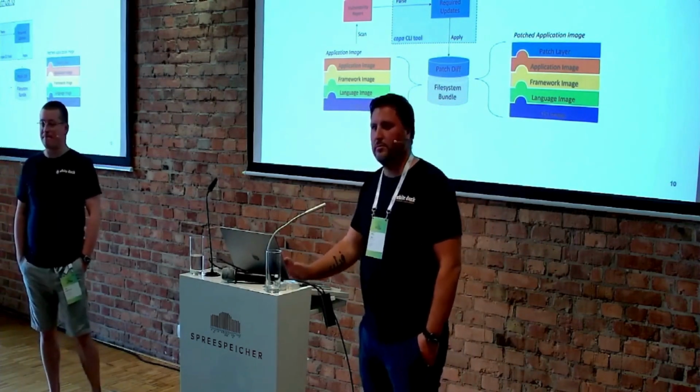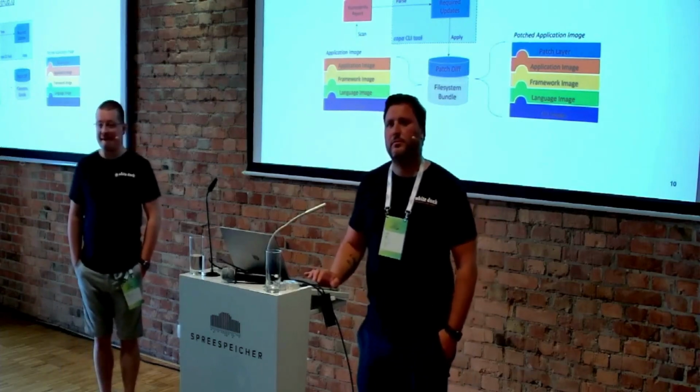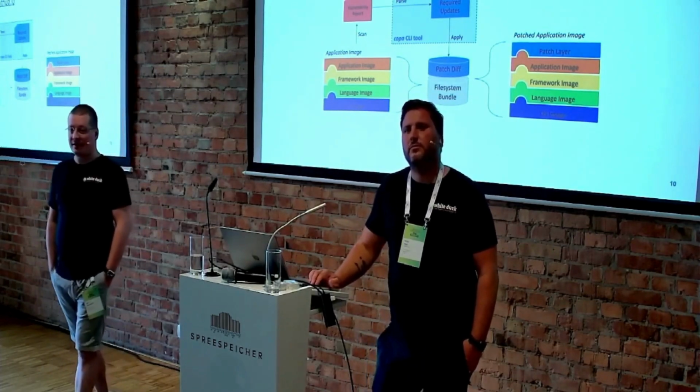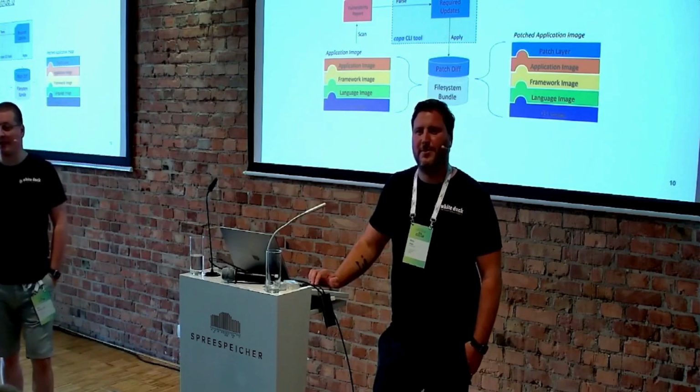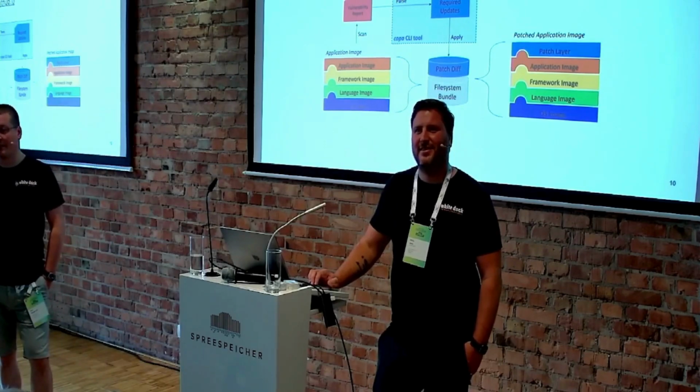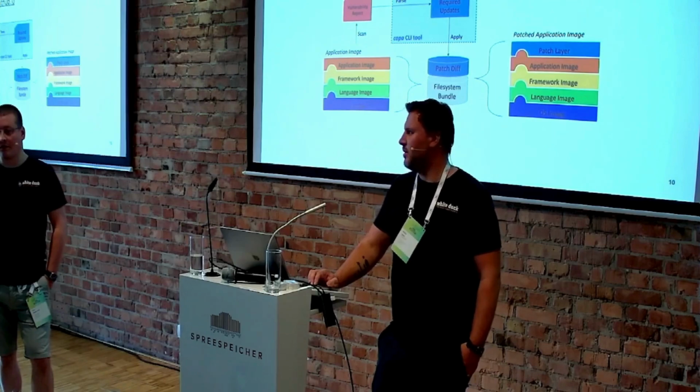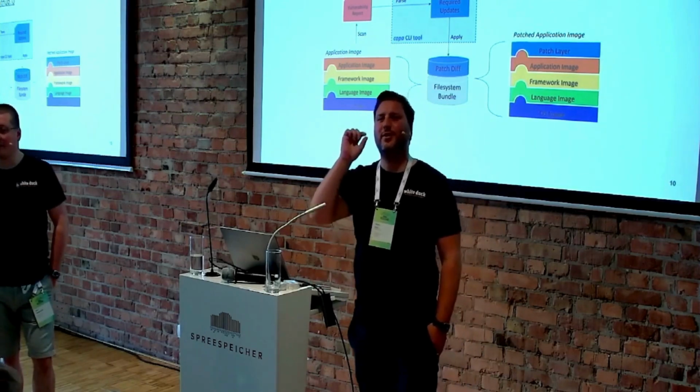Here is the next question. Thank you guys for the interesting report. Just one question: is anything interesting shown by Docker inspect before and after adding this Copacetic layer, or is it just normal? Sorry, a little bit louder, please.